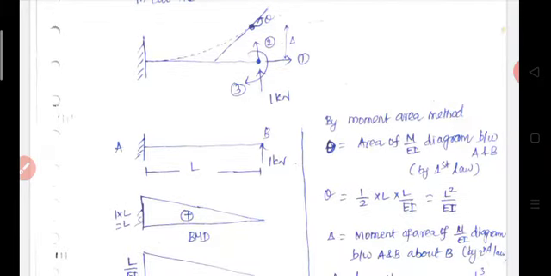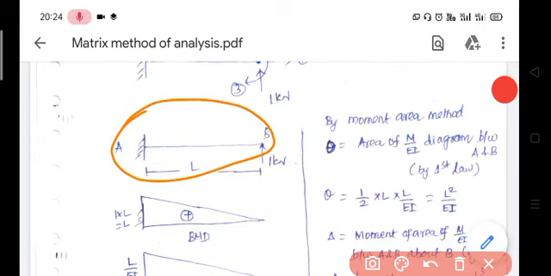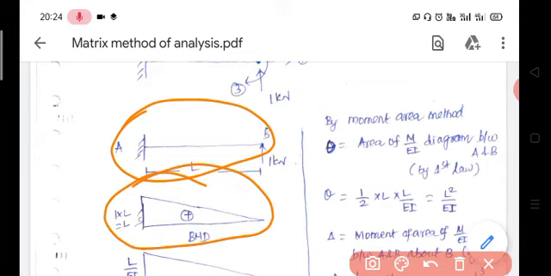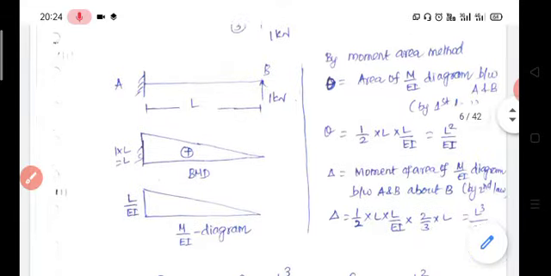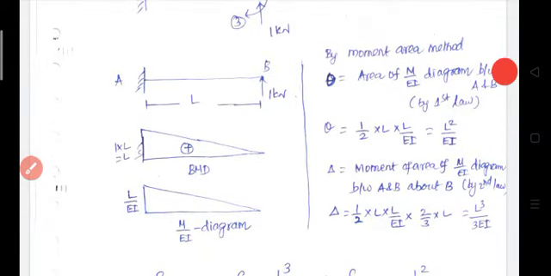So this is our beam. Because of this point load at the free end, the bending moment diagram will be like this: 0 at the free end, and maximum moment at the fixed end, which is equal to 1 into L, since moment is force into perpendicular distance. Then draw the M by EI diagram.